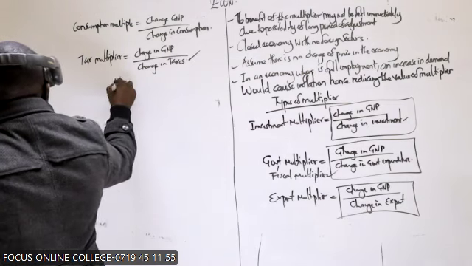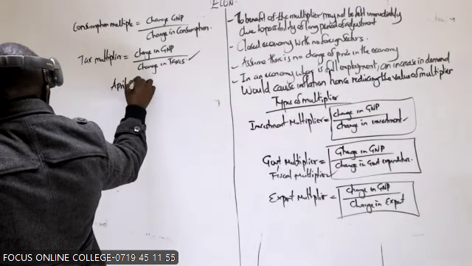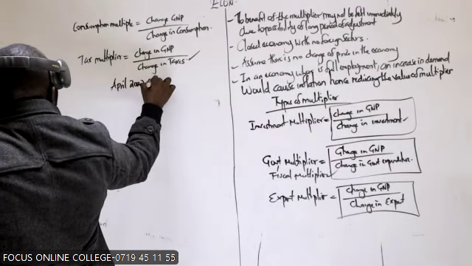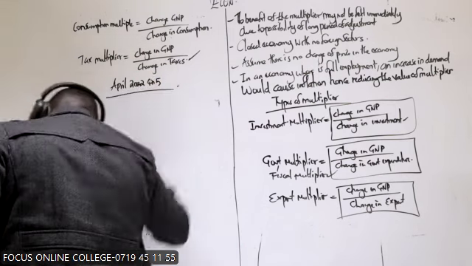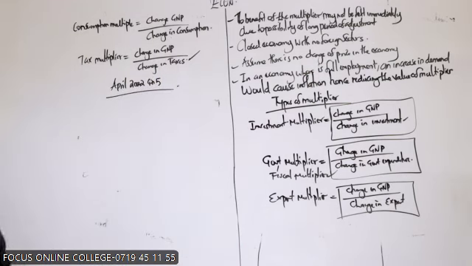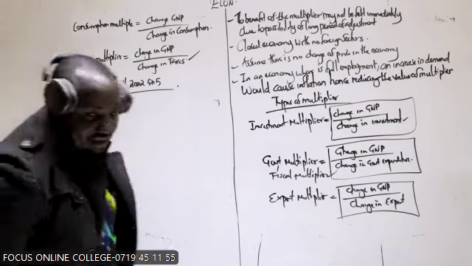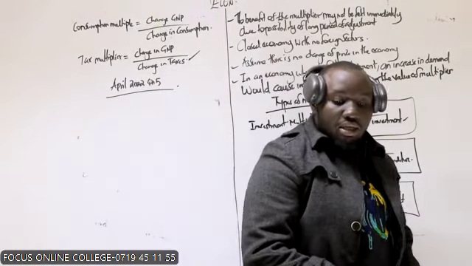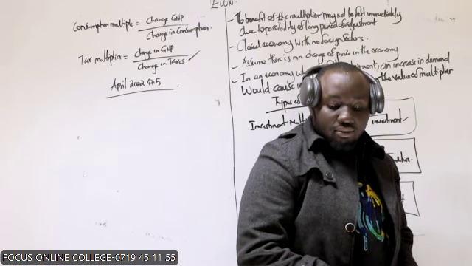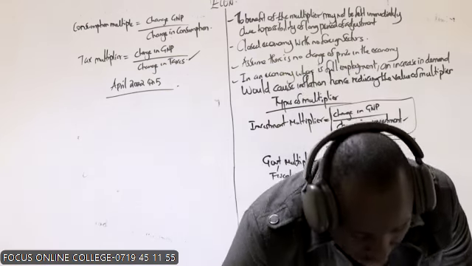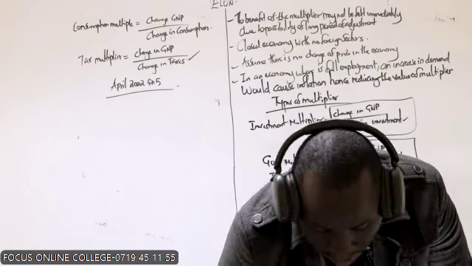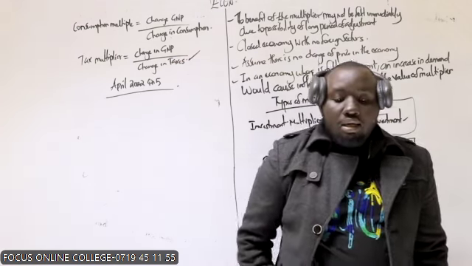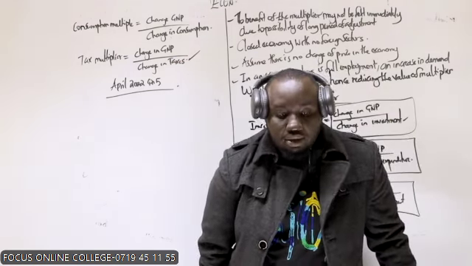For the August, have you noted it? For April 2022, we have it as question 5. Please make sure you're with me. Are you there? Are you together with me?